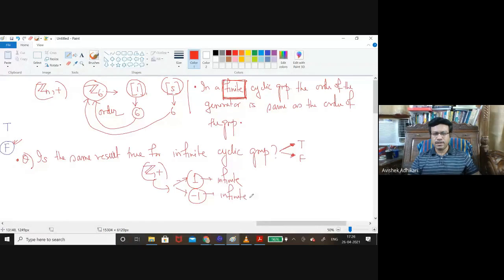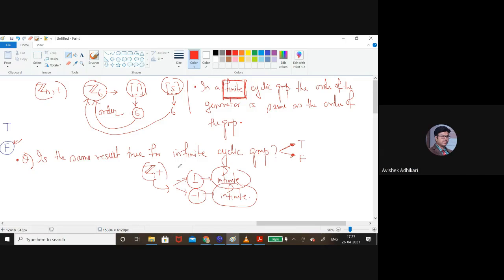So in that way, you can say that this is also true. Okay. So in the case of infinite cyclic groups, you have only seen Z, but there could be many other infinite cyclic groups. Can you give me another example of an infinite cyclic group?